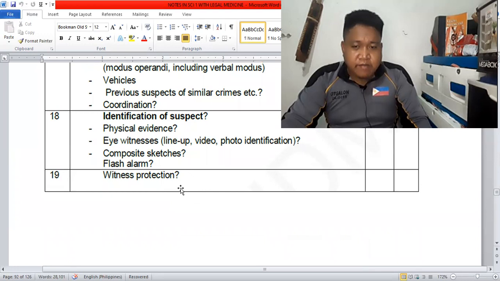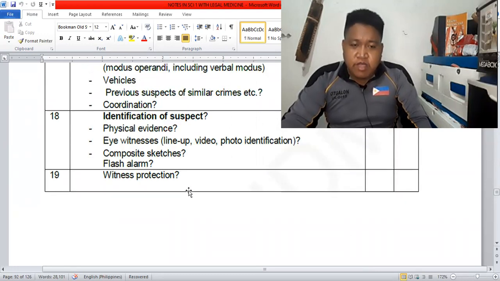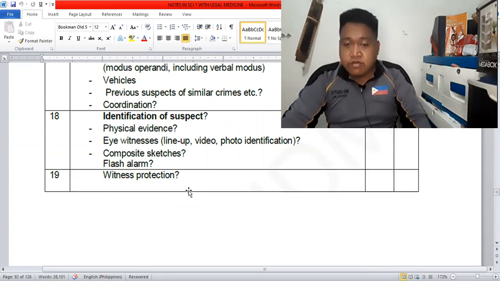Then 19, is the suspect under witness protection or qualified to be in the witness protection law? Alam niyo yung mga nabibigyan ng witness protection under the law are those suspects or accused that have the least participation or have the weakest participation in the commission of the crime, no?